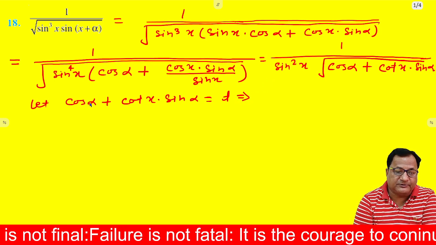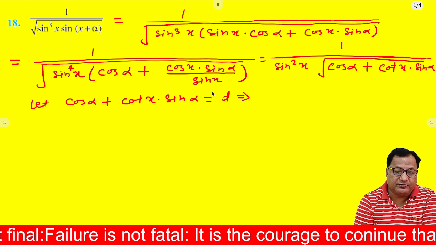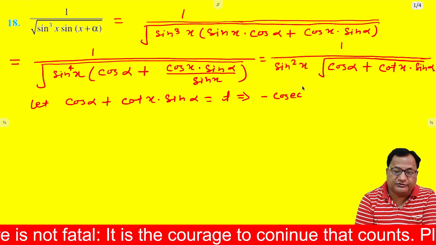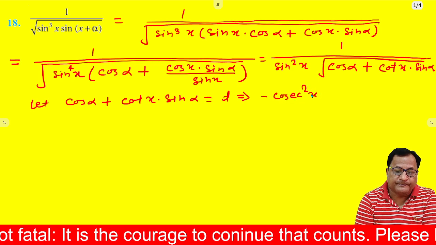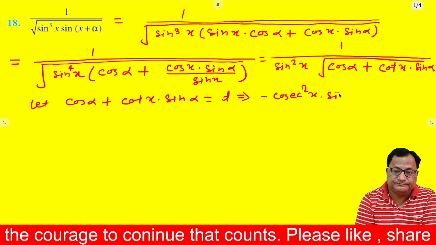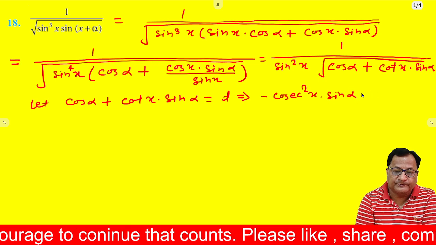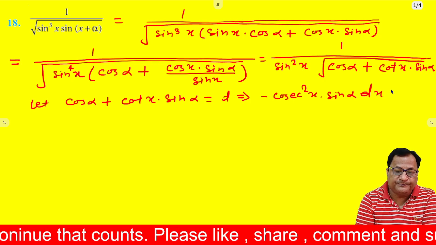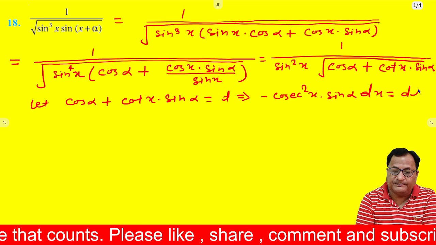This will be cos alpha, differentiation will be 0, cot x differentiation minus cosec square x and sine alpha equal to dt.